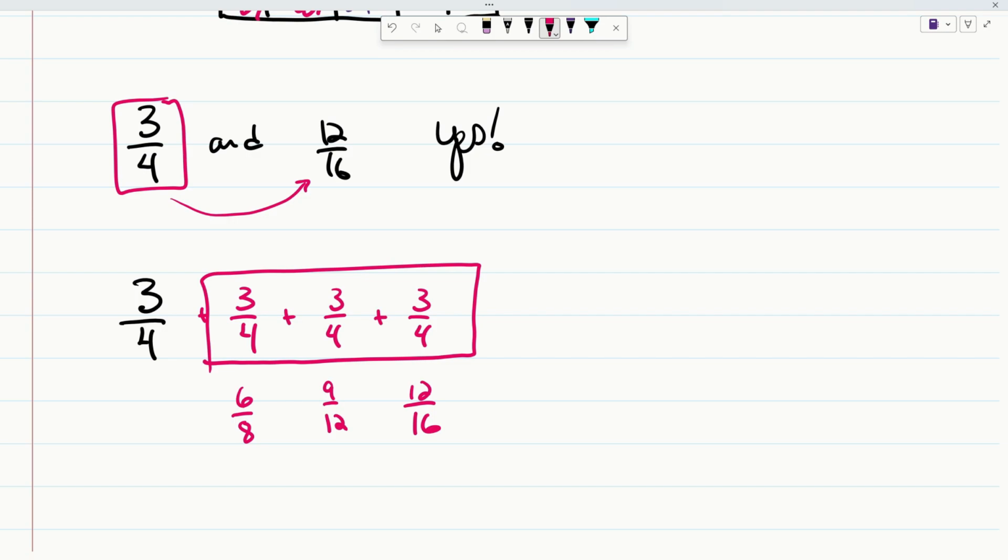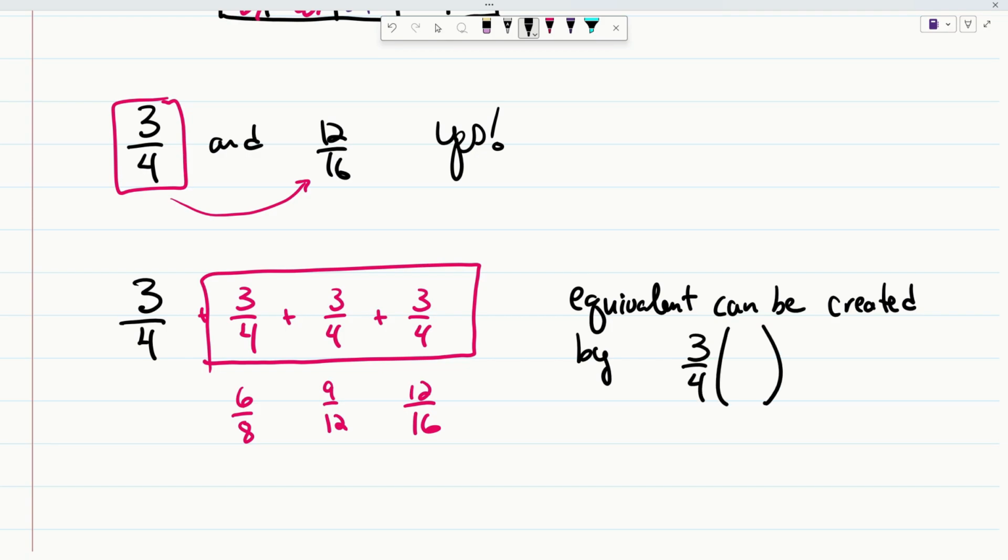So what we could say here is equivalent fractions can be created by taking a fraction, let's say 3/4, and multiplying it by n/n. In other words, the same exact thing.